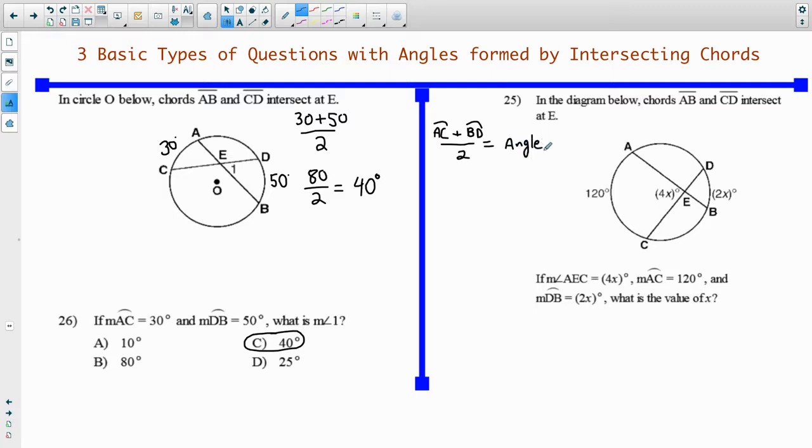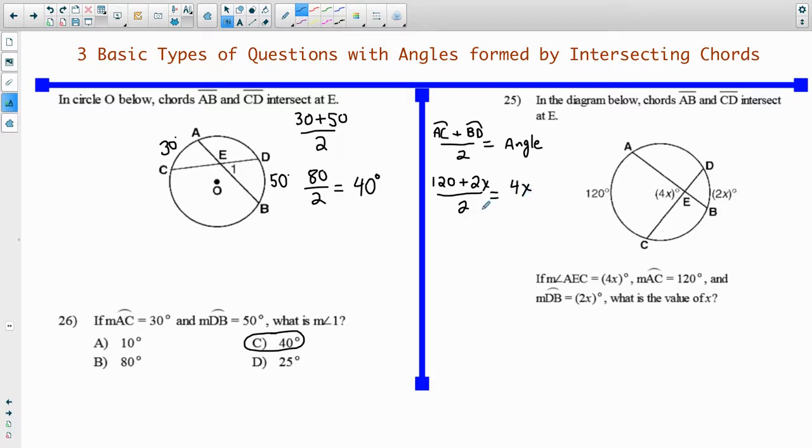Well, that is always true. So let's just substitute all of those numbers in. So arc AC is 120 degrees plus arc BD, which is 2x. I'm going to cut that in half and set it equal to the angle, which is here represented by 4x.